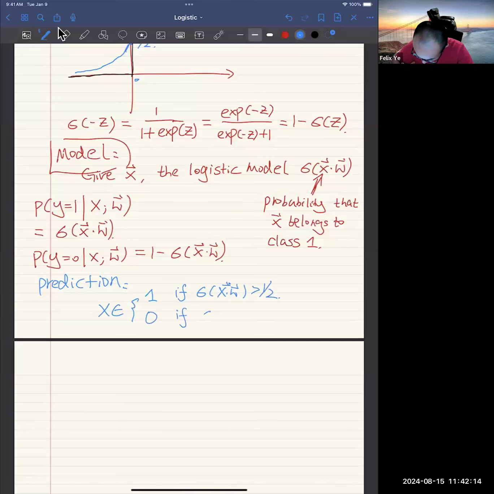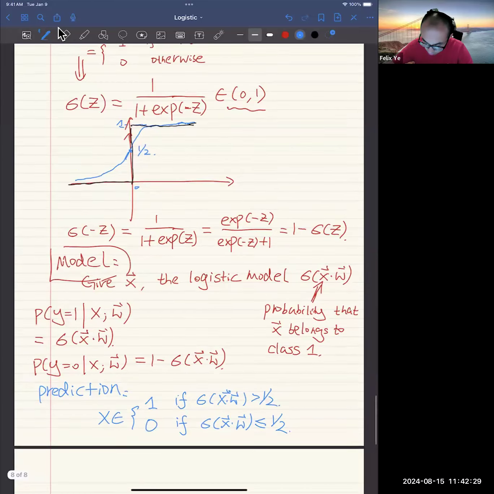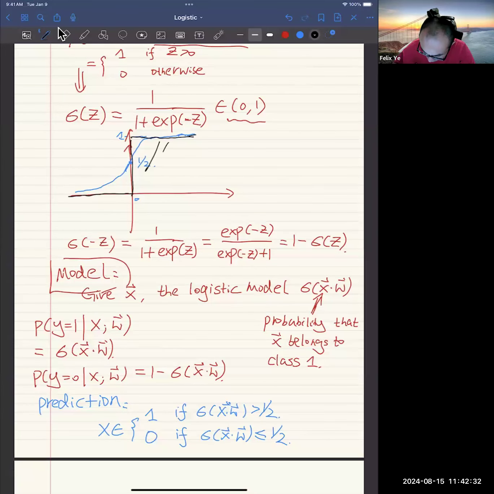If the probability to be 1 is less than half, it is more likely to be 0, and it will be predicted as 0. From the graph, we can tell that if x dot w is bigger than 0, this is classified as 1, and if x dot w is less than 0, this is classified as 0.